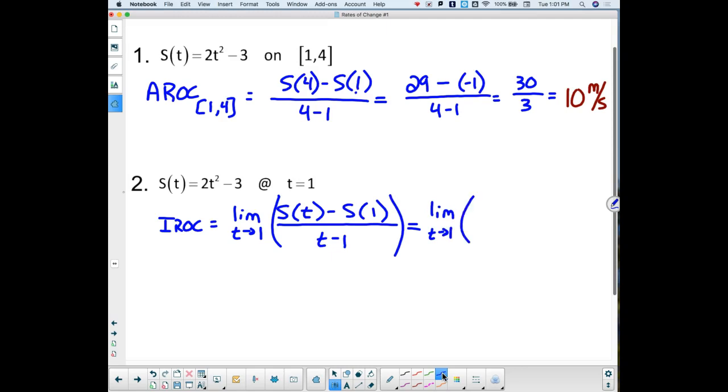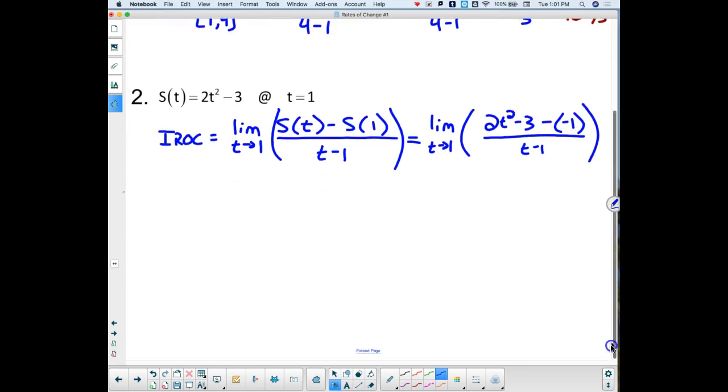So s of t is 2t squared minus 3. S of 1, we said from before, was negative 1. So that's going to be 2t squared minus 2 all over t minus 1.